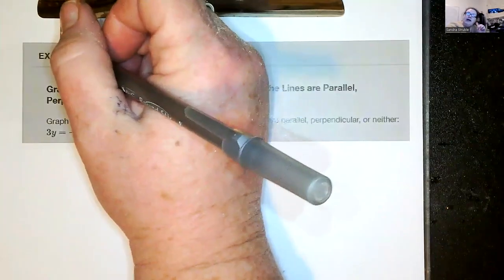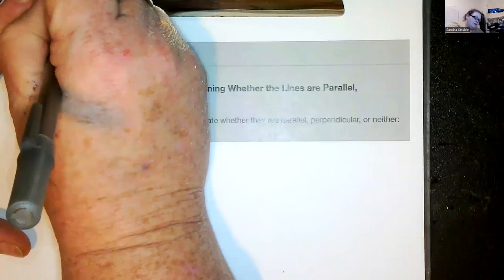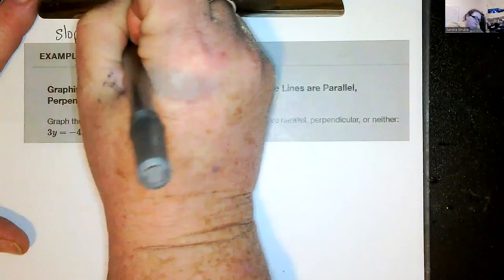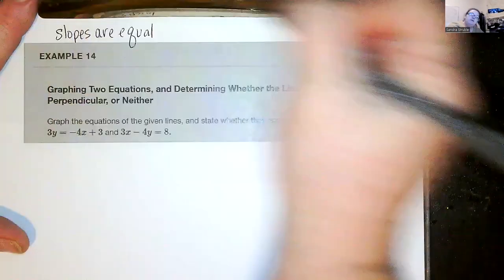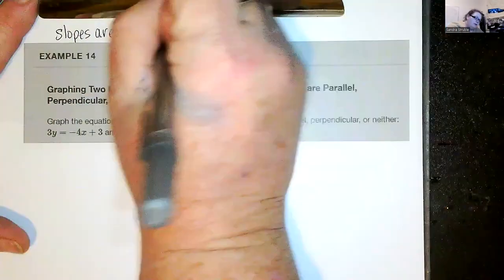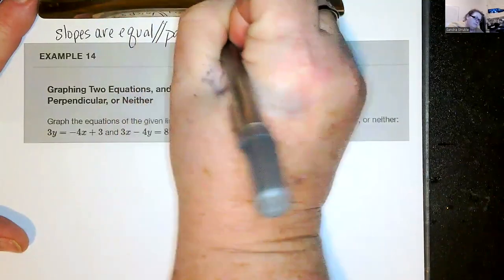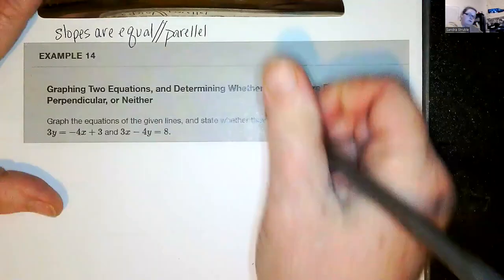And then when you do that, you need to compare them. If the slopes are the same, if their slopes are equal, that is parallel lines. They are parallel lines.